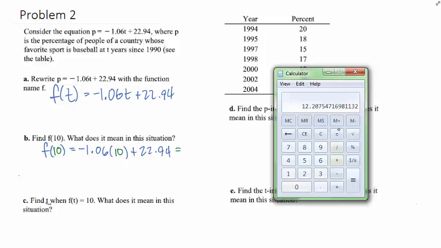If we take our calculator out, we can put 1.06 with a negative, don't forget the negative, multiply that times 10, and then add 22.94, and that follows our order of operations. We get 12.34.